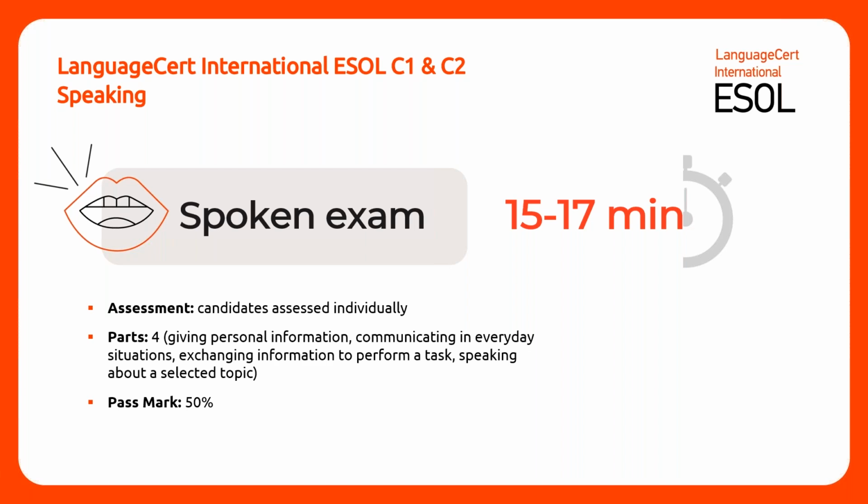The pass mark is 50%, and the overall duration of the C1 spoken exam is 15 minutes and 17 minutes for C2 level candidates. What is assessed is the candidate's ability to use language based on practical experience, everyday English.